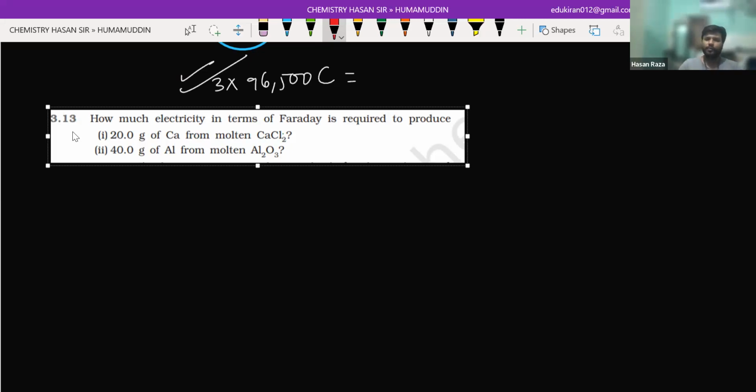Twenty gram of calcium from molten CaCl2. This question has been asked in NEET. It is from NCERT.